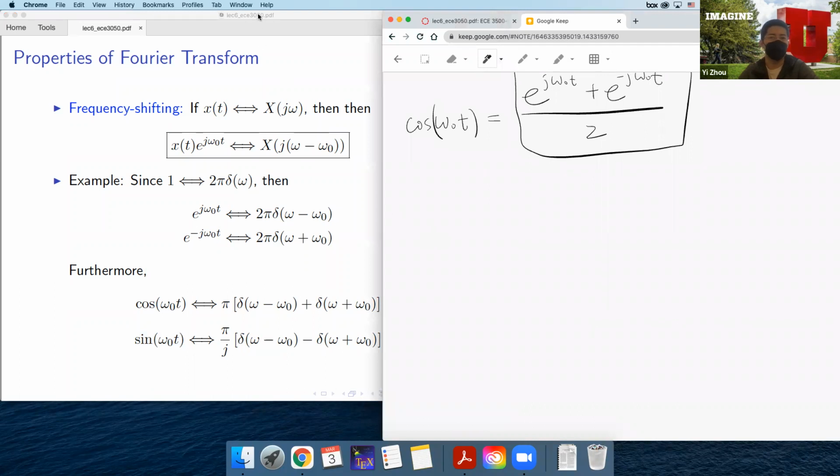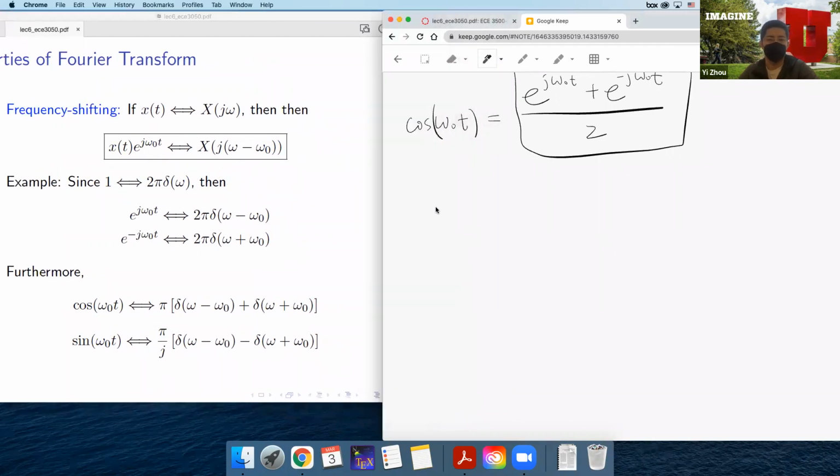Now, to be more specific, if xt is cosine omega naught t, then the corresponding spectrum is given here, which is a pair of two impulses in the frequency domain.